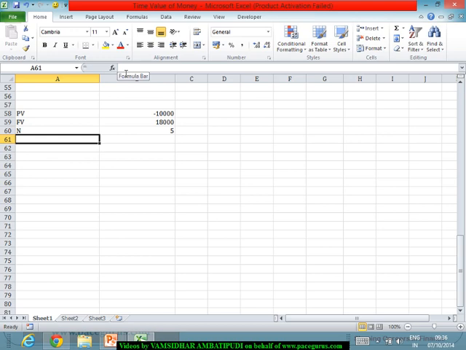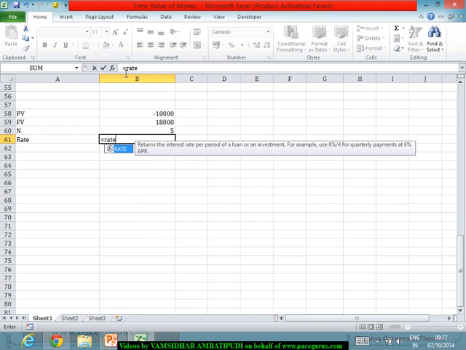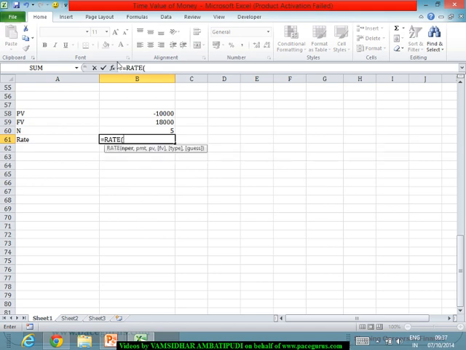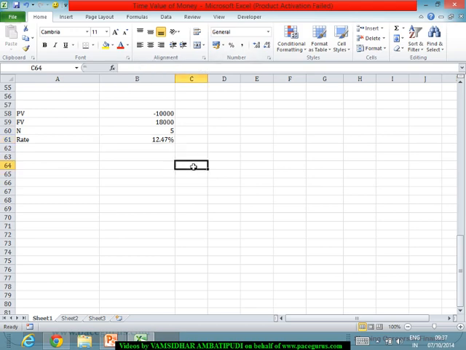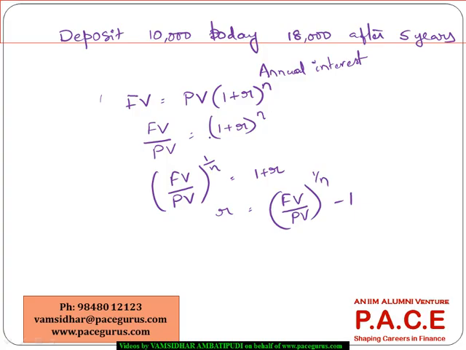In this case, if I want to find out the interest rate, I can use an Excel based formula called RATE, where I say the number of periods is 5, there is no annuity payment, whereas the present value is 10,000 and the future value is this much. So overall it is saying that the interest rate in this process is around 12.47%. That could be achieved even through this concept also.